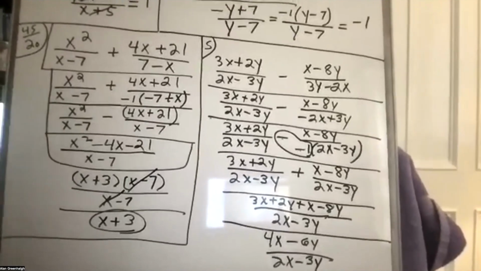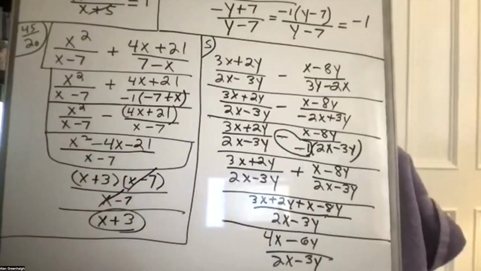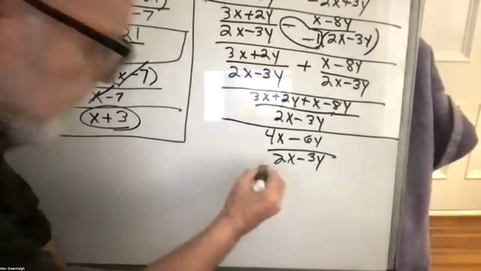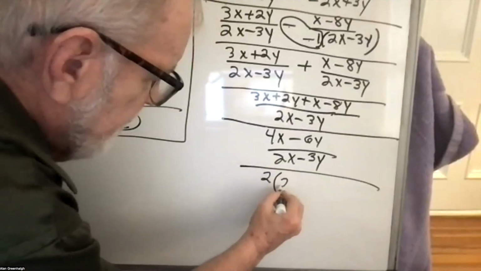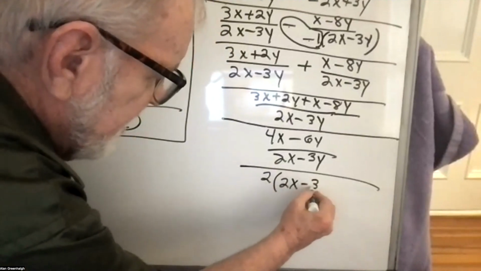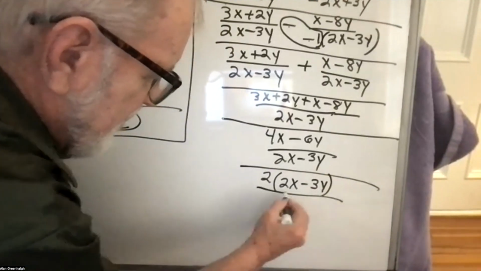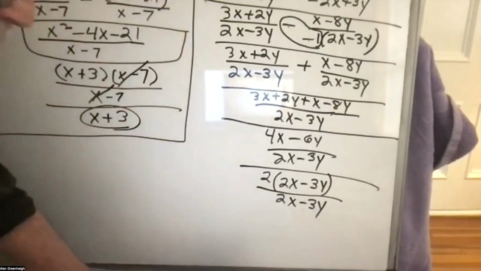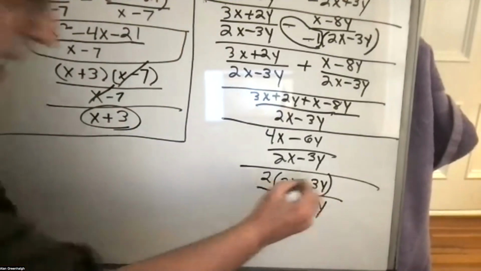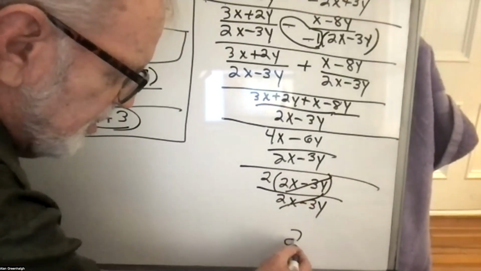Because we could factor a 2 in the numerator. Let's do that. 2, and you're left with 2x minus 3y, right? And then 2x minus 3y. And these drop out, and the answer is 2.